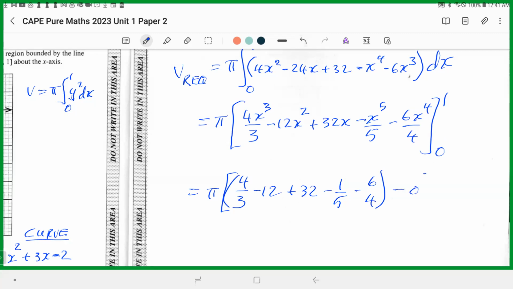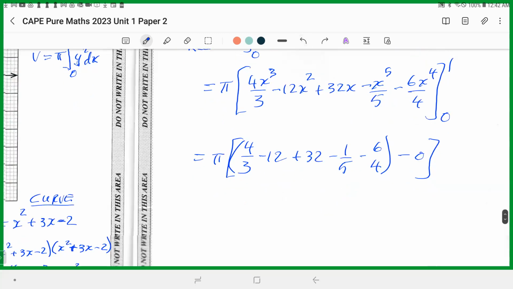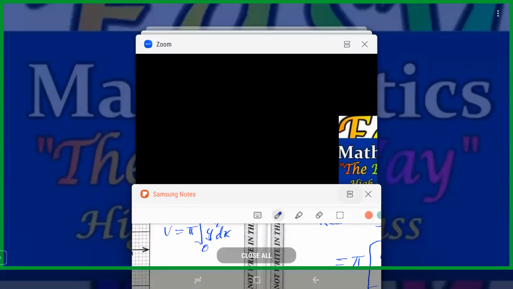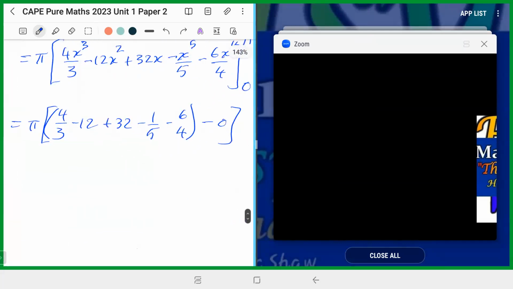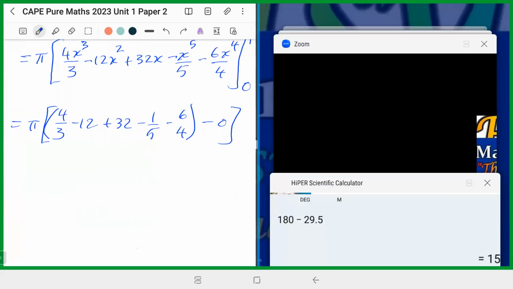Let's work this out now with my calculator and put it in terms of pi. Let me bring up the calculator. Let's do it on the screen. So it turns out to be a nice, easy question once you square up your values.